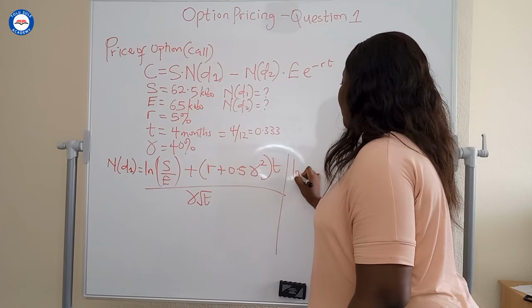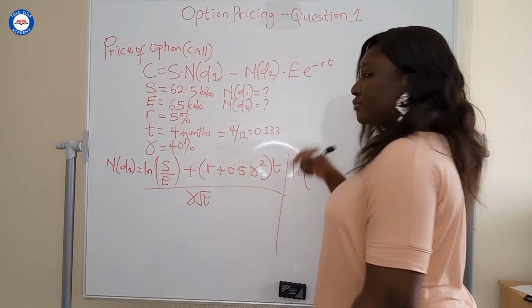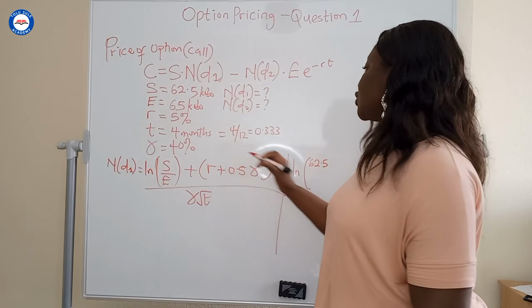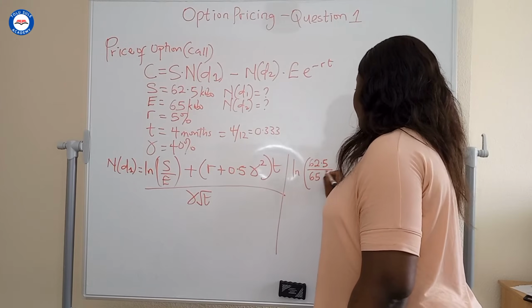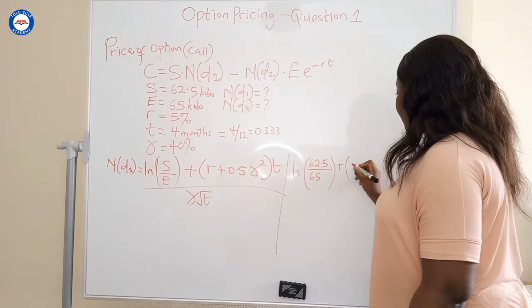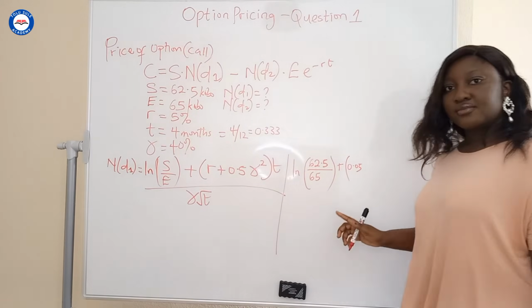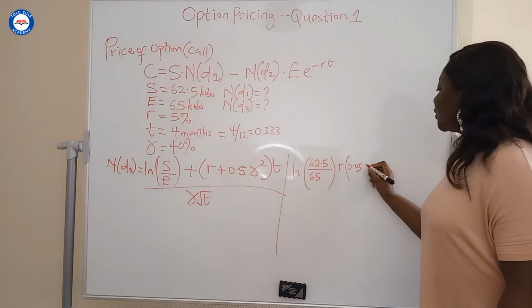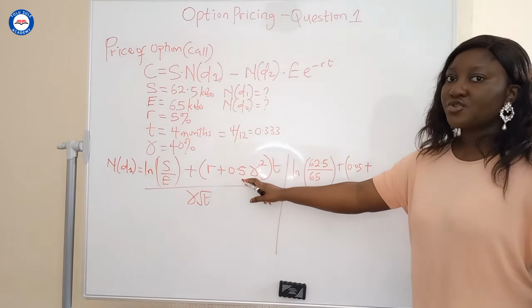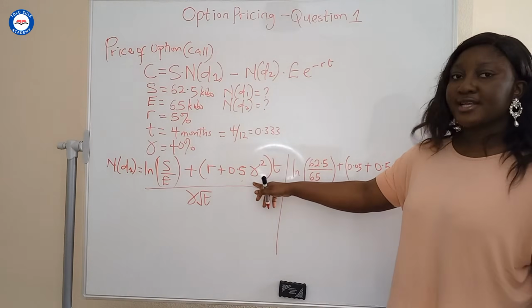So we have natural log. What is S? 62.5 kobo. The price it is currently selling. The future price that we want to agree, 65 kobo. Plus, what is R? 5%, or you can just write 0.05. Is it clear? Plus 0.5. This 0.5 is in the formula. What is your standard deviation?